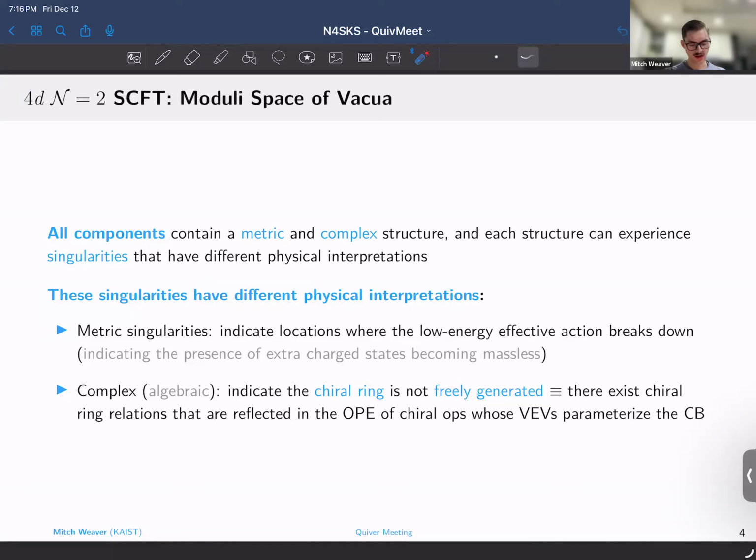So in the case of metric singularities, they indicate locations where the low energy effective action is breaking down, or in other words, these are locations in the moduli space where we have extra charged states becoming massless. And on the other hand, we also have these complex algebraic singularities, which are locations, at least with respect to the Coulomb branch, where they indicate that the chiral ring defining the OPE among the chiral operators getting vevs in the Coulomb branch is not freely generated, so they satisfy some relations in their OPE.